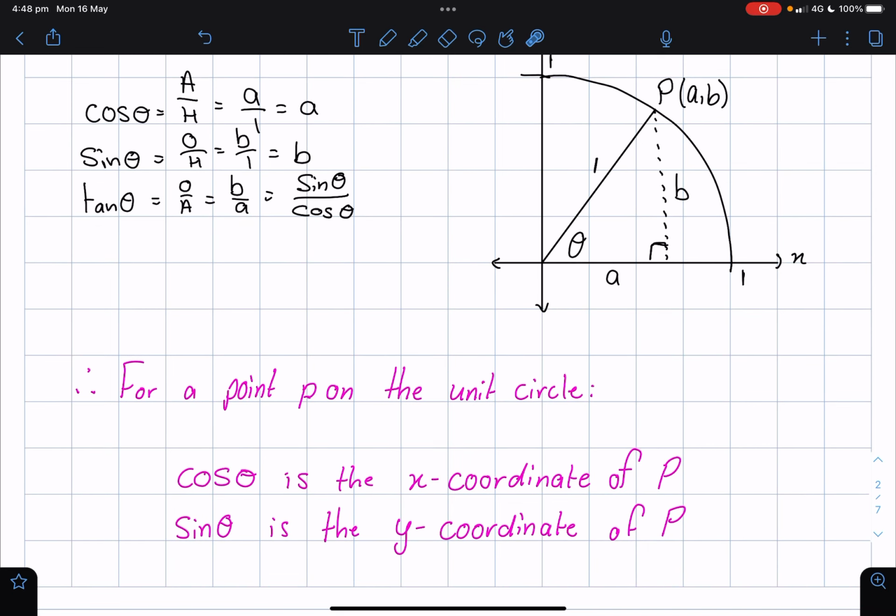So an example, if I have an angle measuring 2 pi on 3 radians, the line that is extended by this angle, so the point on the unit circle here, the x-coordinate will be cosine of this angle, so cosine of 2 pi on 3. And then the y-coordinate will be sine of this angle, so sine of 2 pi on 3.